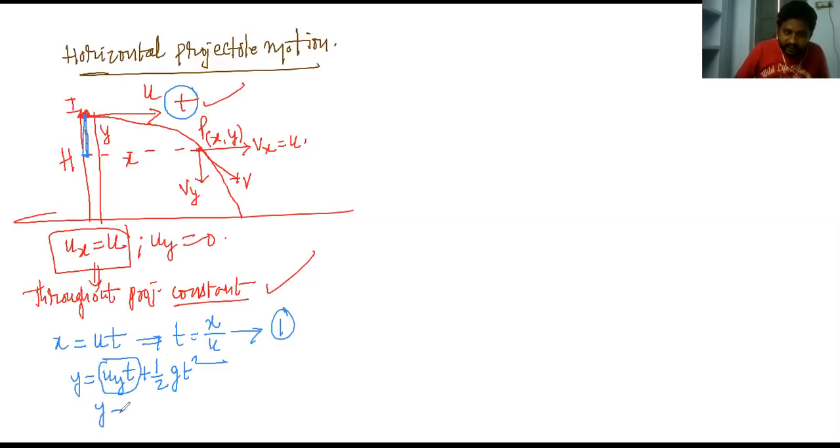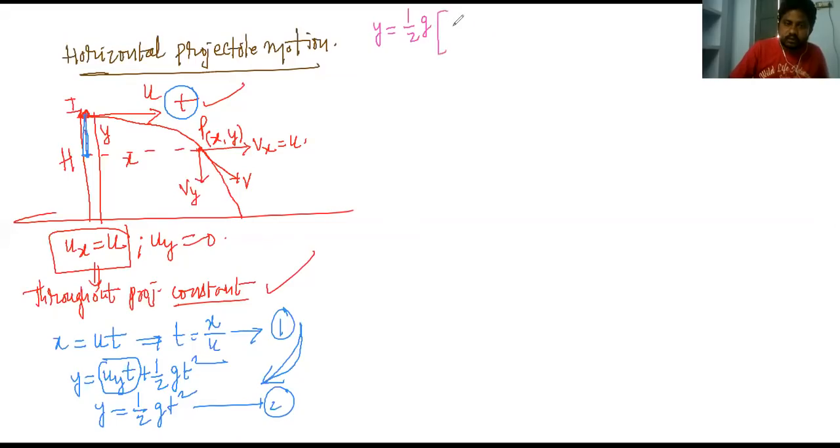So I can say y is equal to half g t square. This is equation number 2. And equation number 1 you can substitute, my dear children. When you substitute equation number 1, you get y is equal to half into g into t square.